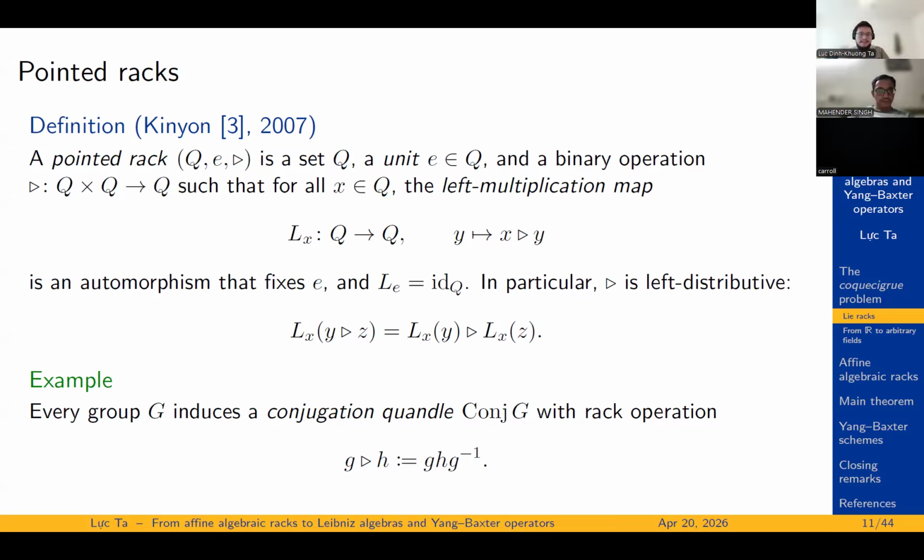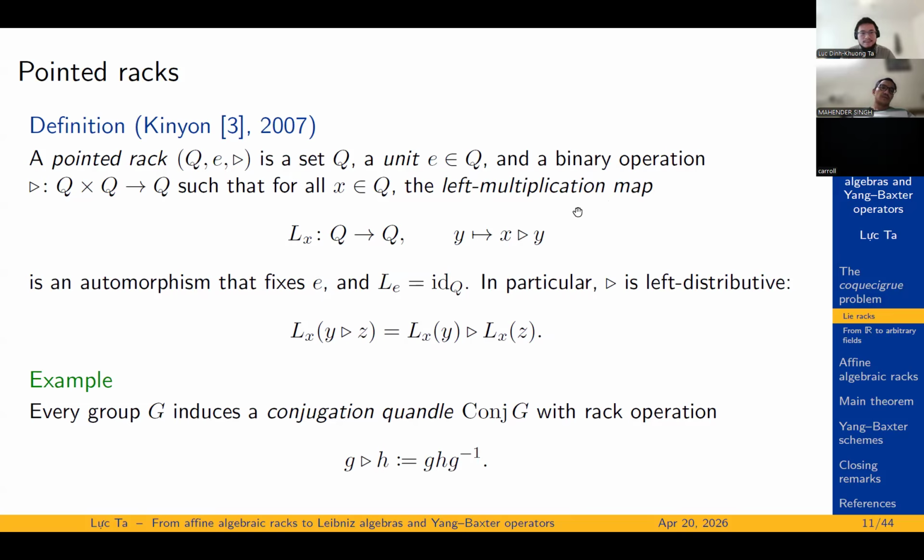So with all that motivation in mind, we can define a pointed rack to be a set Q, a distinguished element E, which I'll call the unit, and a binary operation on Q, such that for each fixed X, the left multiplication map by X is an automorphism that fixes E. By an automorphism, what I mean is that it distributes over your rack product triangle, and that it's a permutation of Q. So in particular, you can also define a rack as a left distributive magma such that each left multiplication map is bijective.